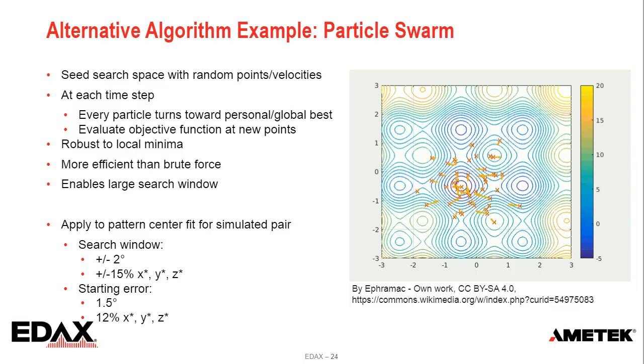And so what I did is I used this algorithm with our faster pattern simulation to do, here you can see a pretty large search window in both orientation and in a very large window in the pattern center fit itself. And so I started off the first pattern with a relatively large error, and here on the next slide is the result.